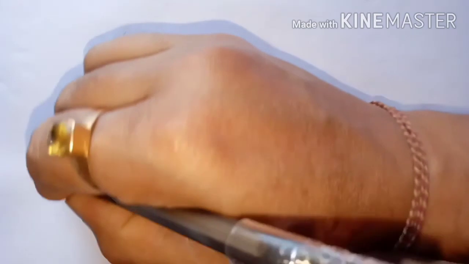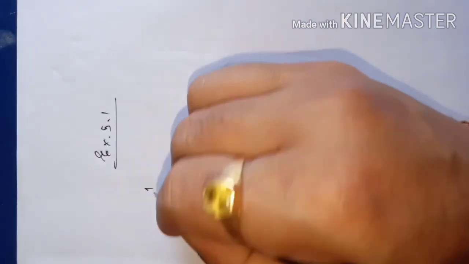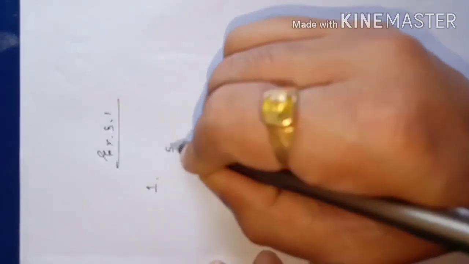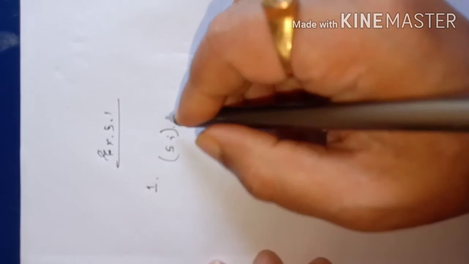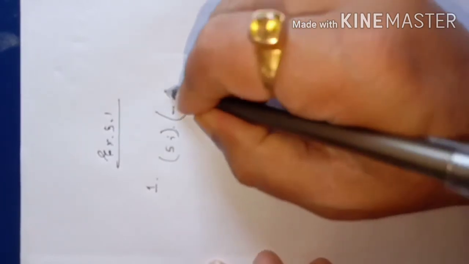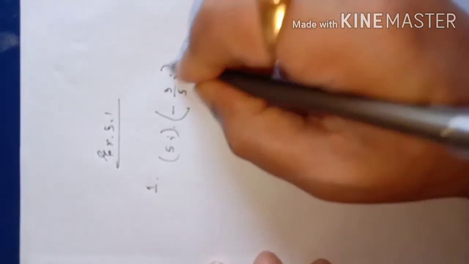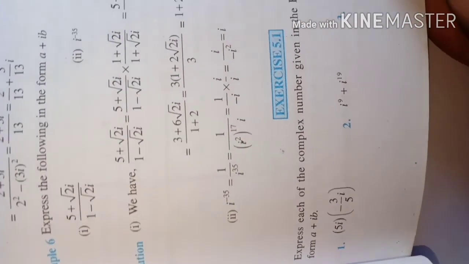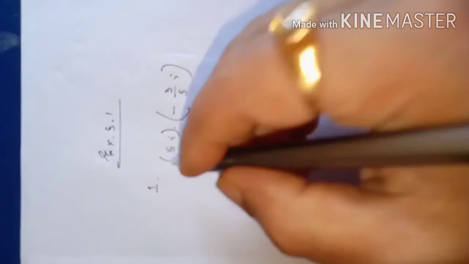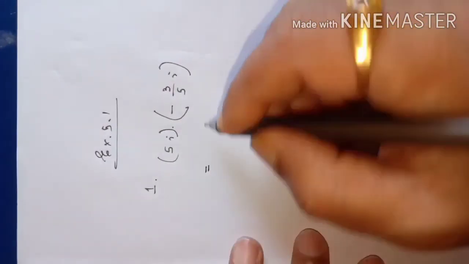So dear students, let's start with exercise 5.1. Question number 1: 5 iota into minus 3 by 5 iota. We need to express it in the form of a plus iota b. For that, you can do like this.